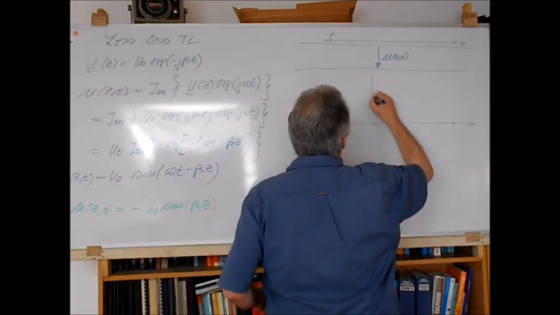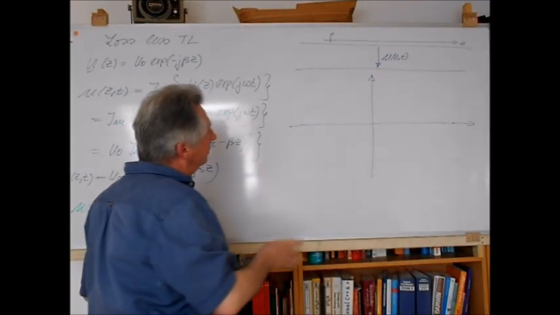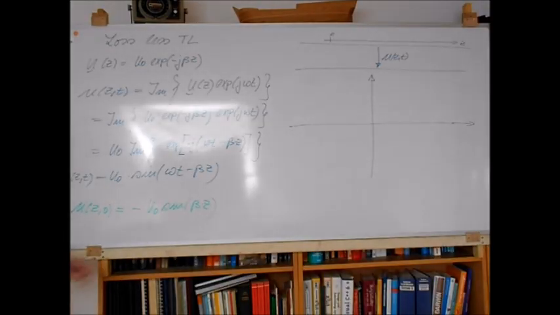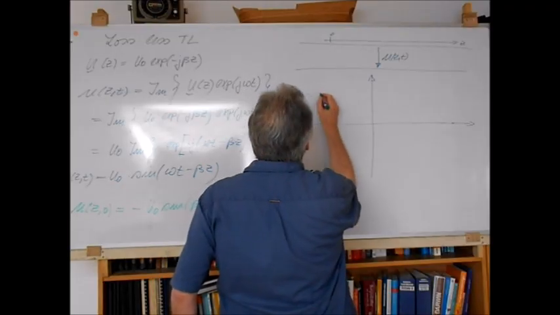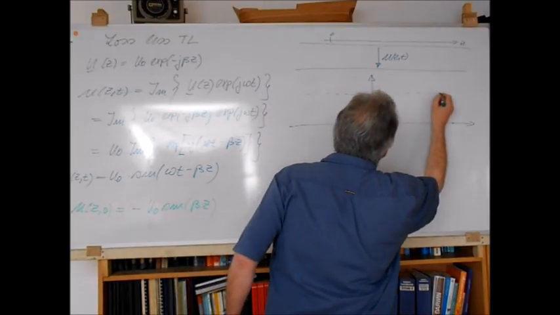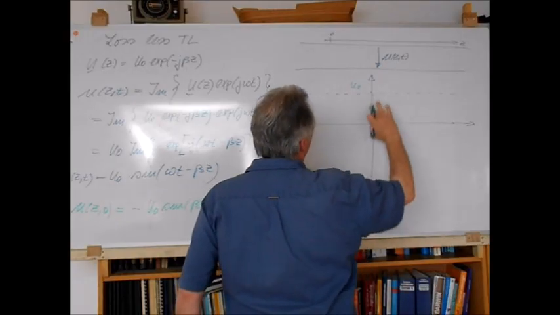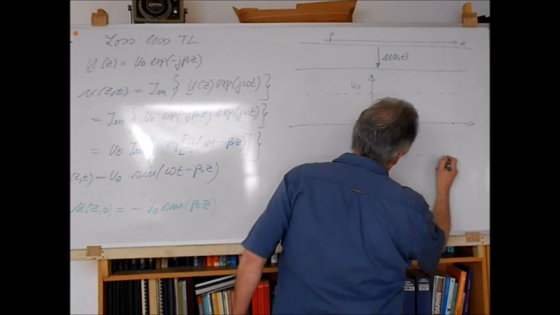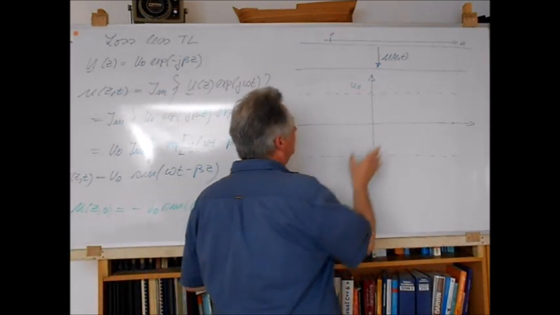Here I sketch a u-axis, for example like this. And then, of course, this green function will show a sinusoidal distribution where the amplitude in principle is given by u naught.